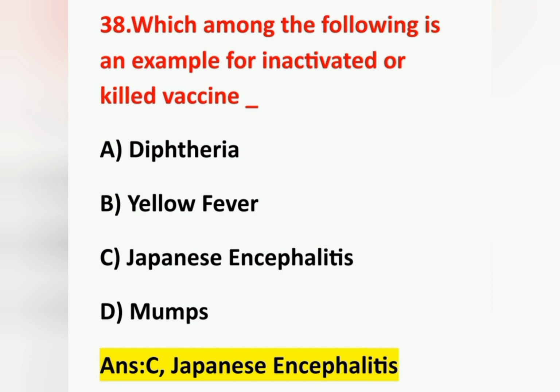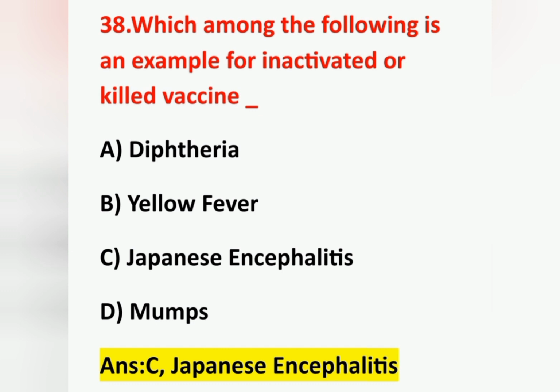These killed vaccines or inactivated vaccines include bacterial killed vaccines and viral killed vaccines. Bacterial vaccines include typhoid, cholera, pertussis, meningitis and plague vaccine. Viral killed vaccines include rabies, Salk polio vaccine, influenza vaccine, hepatitis B vaccine, Japanese encephalitis vaccine.